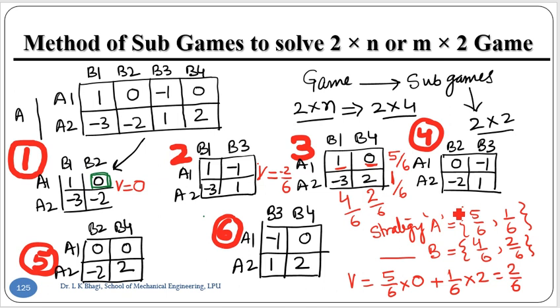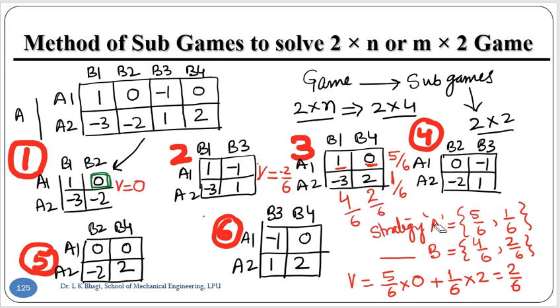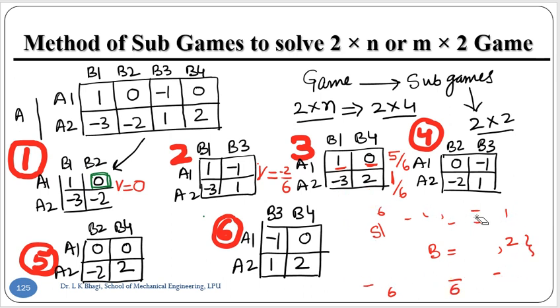So we write the value 2 by 6 over here for subgame 3. So 2 by 6 is the value of subgame 3.